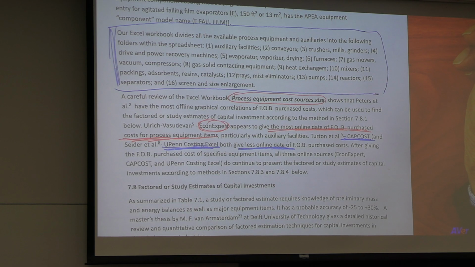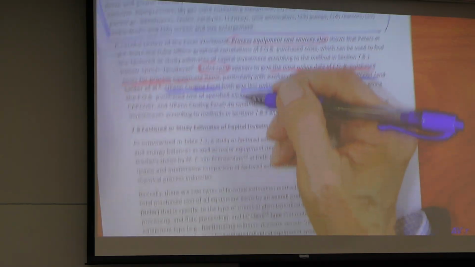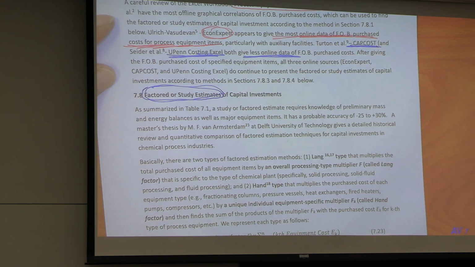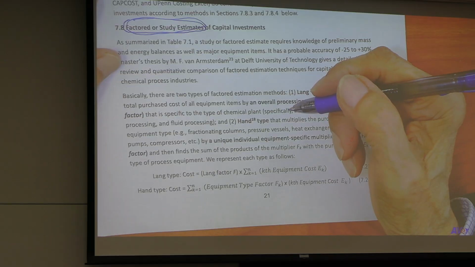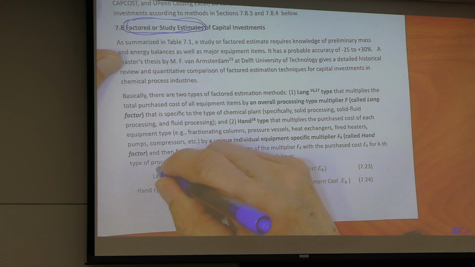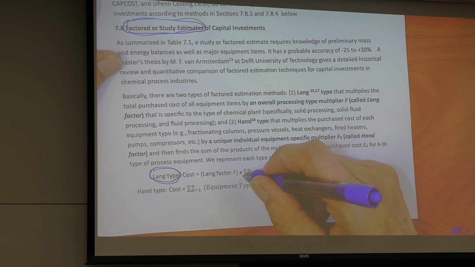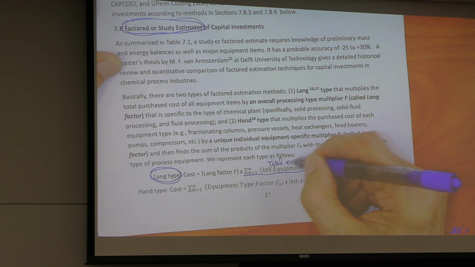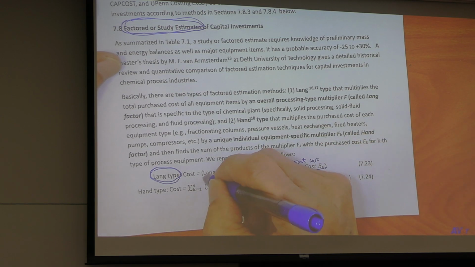Now, how do you do the study estimate, factor estimate? There are two types. Lang type: total equipment costs times the Lang factor.